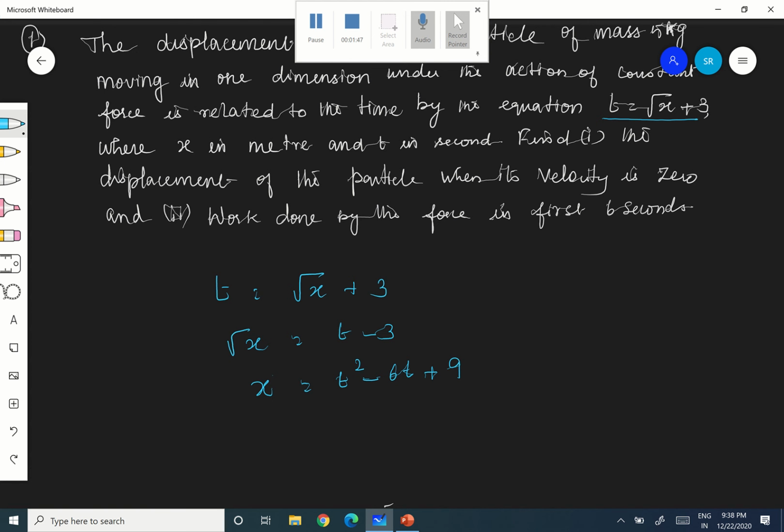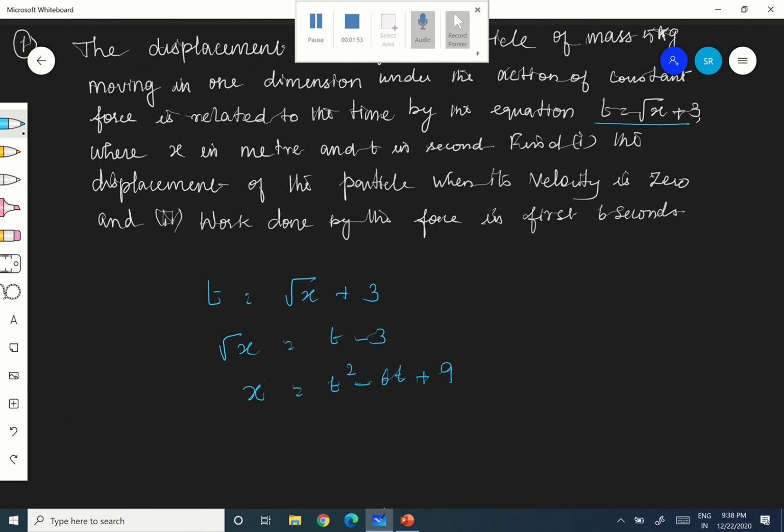Now find the displacement of the particle when the velocity is 0. So first find the velocity.